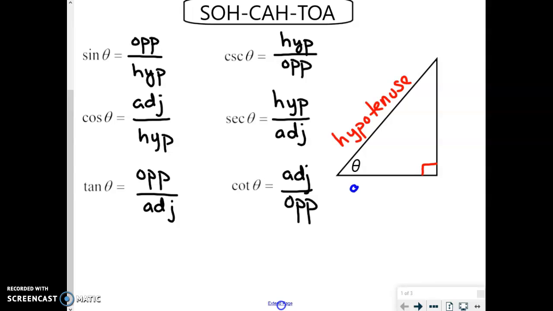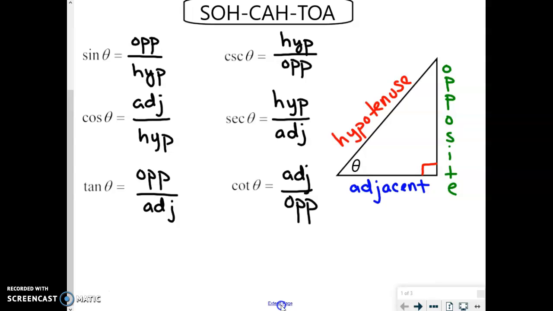The adjacent side is the side of the right triangle that, along with the hypotenuse, creates theta. And the opposite is the side on the other side of the right triangle, or it's the side that has nothing to do with the creation of theta.